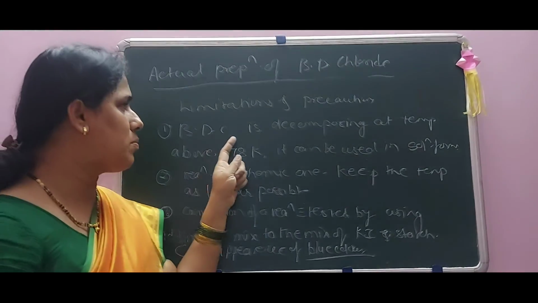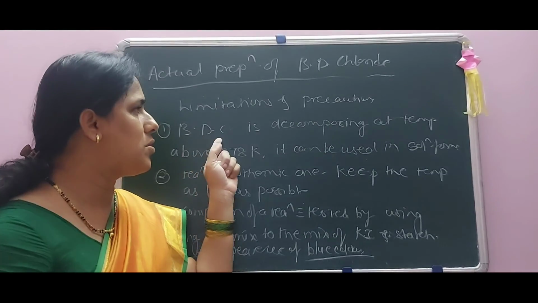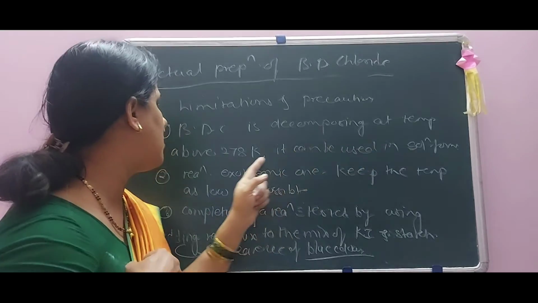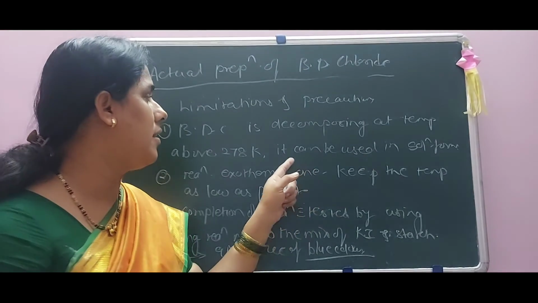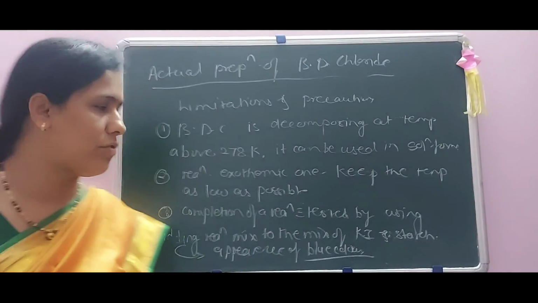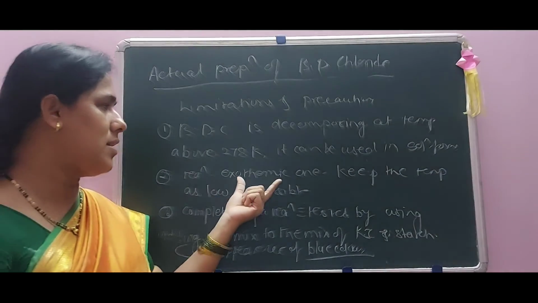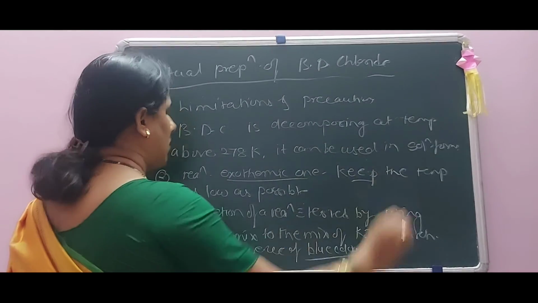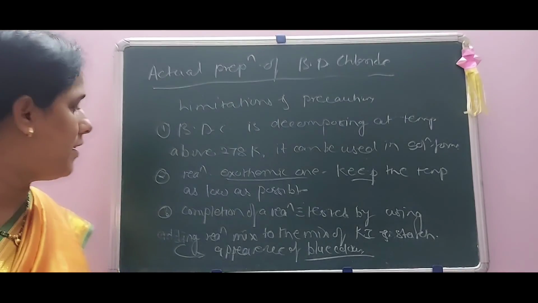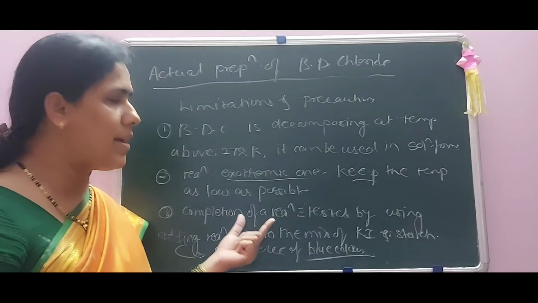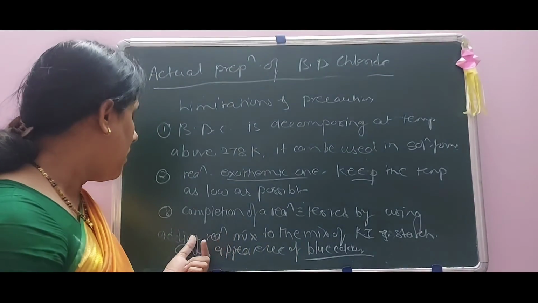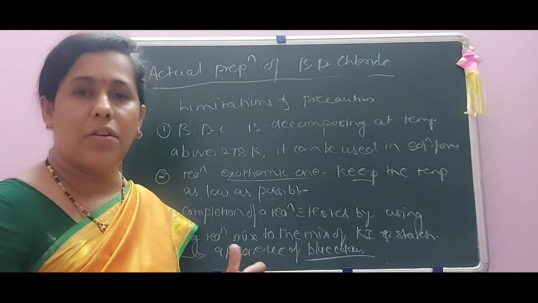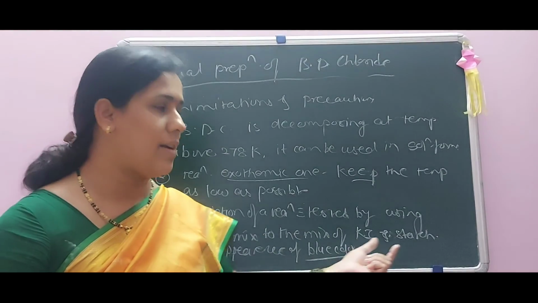First point: benzene diazonium chloride decomposes at temperatures above 278 K, therefore it can be used in solution form. Second, the reaction is exothermic, therefore keep the temperature as low as possible. Third, the completion of the reaction can be tested by adding the reaction mixture dropwise to a mixture of KI and starch.